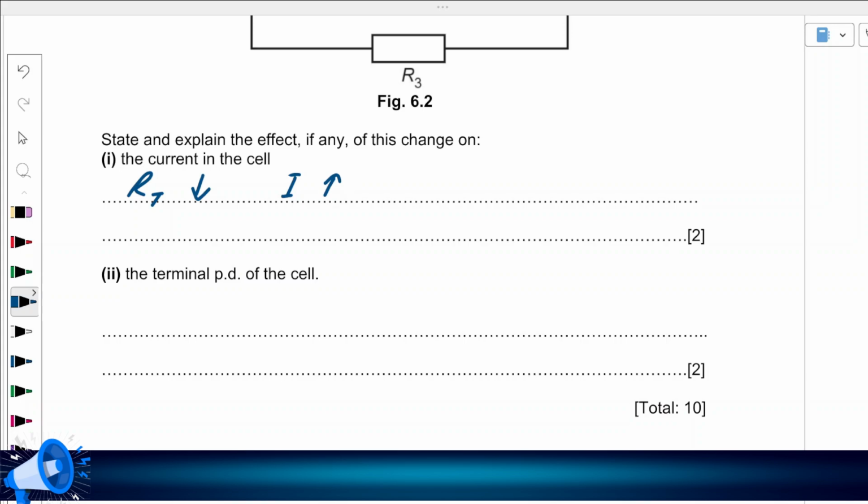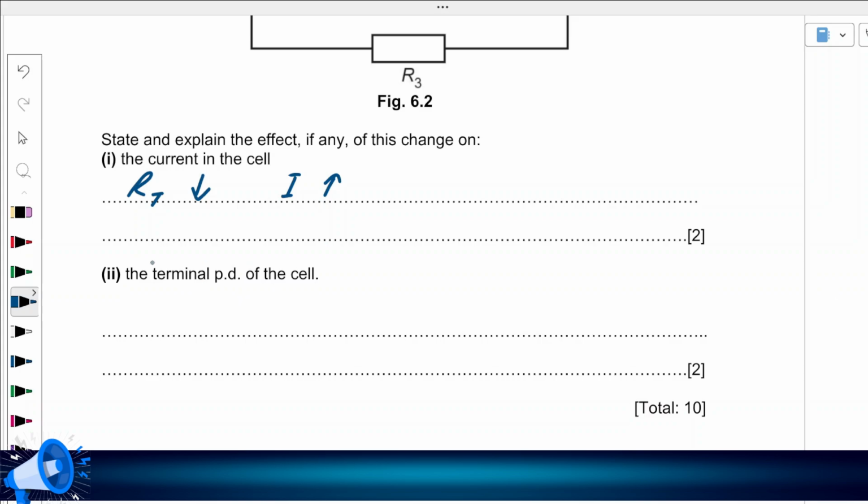Write this in the description and you'll get 2 marks. So what do we say? Adding a resistor in parallel, the total resistance of the circuit decreases, hence the total current in the circuit increases.